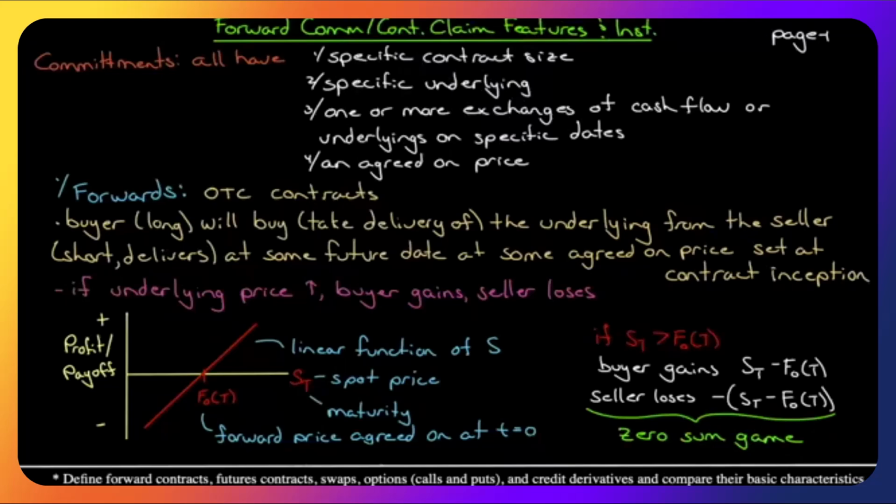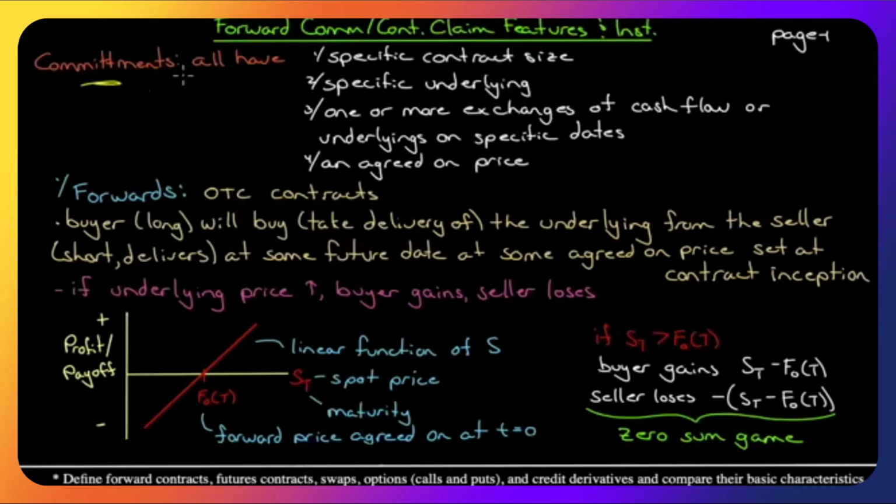A contingency is one where the buyer of the derivative, the one that has the long position, has a choice. They can either take delivery of the underlying or say, no thank you, I'm good. And we will see that when we get to contingencies, because the buyer has a right, that has value, the buyer will pay the seller a premium up front for that right.